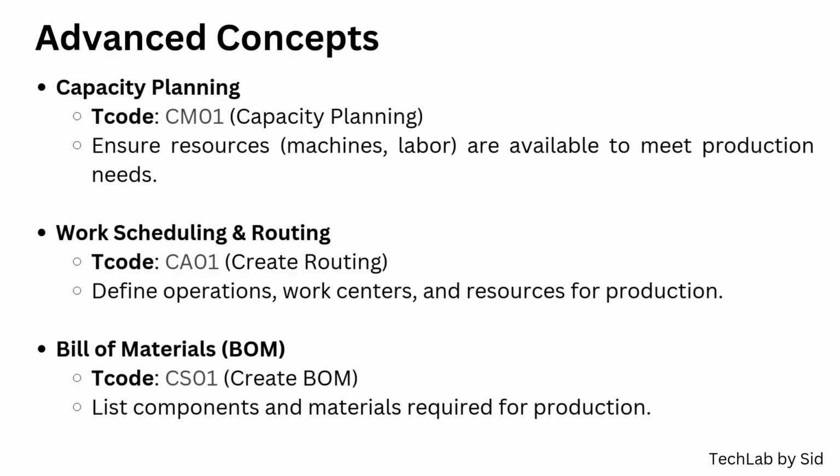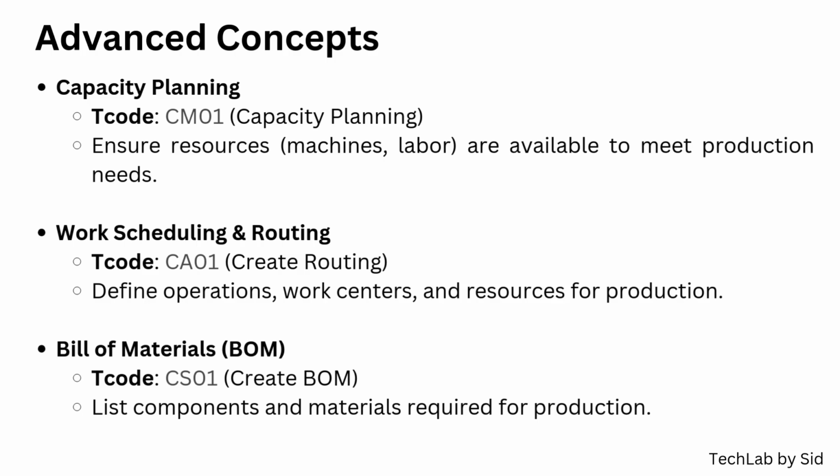Let's now take a brief look at some advanced concepts. These tools and functions will help you optimize production planning further. Capacity planning ensures that production resources like machines and work centers are adequately available to meet production demands. You can check capacity load using Tcode CM01.